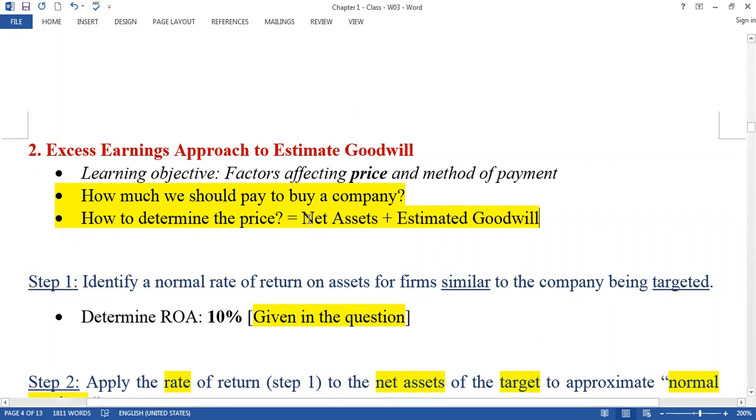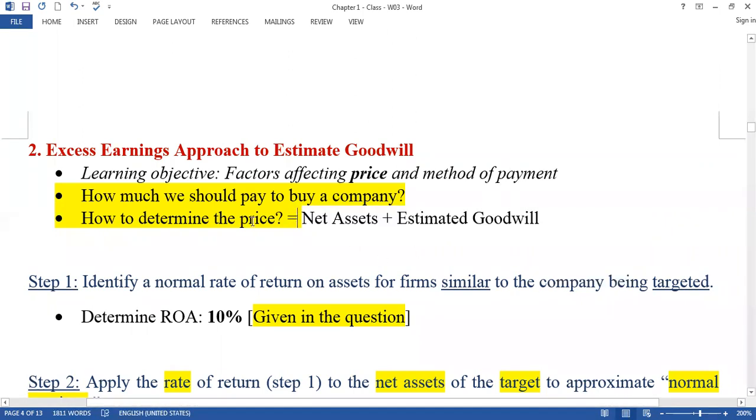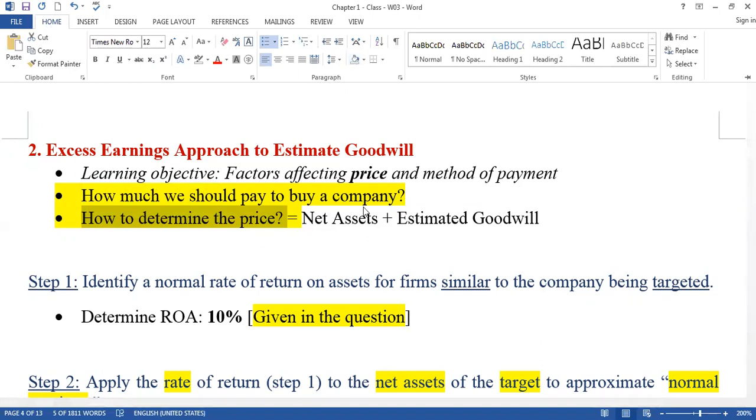So this is the formula to determine the price of a target company. Any question from here?